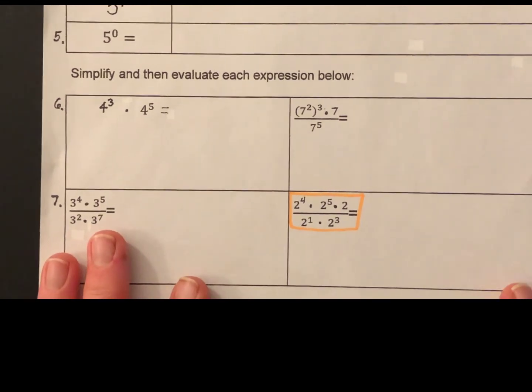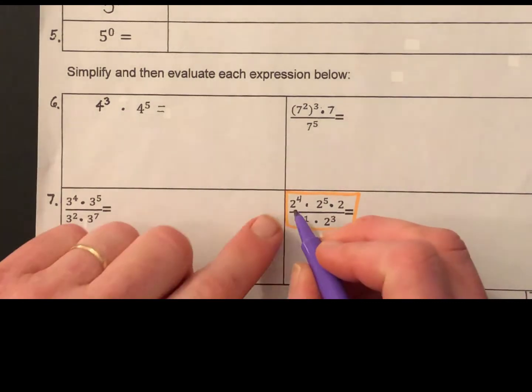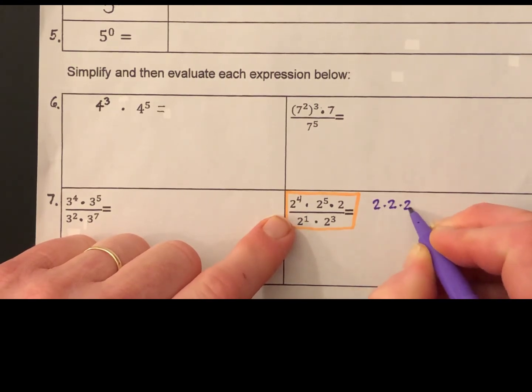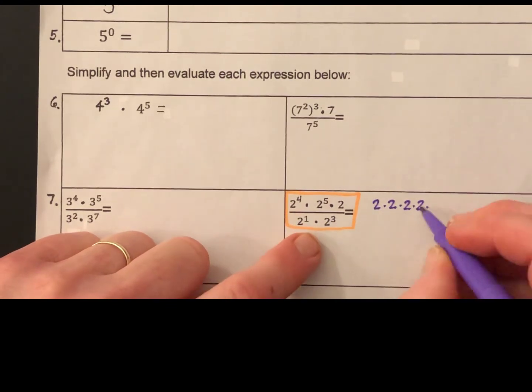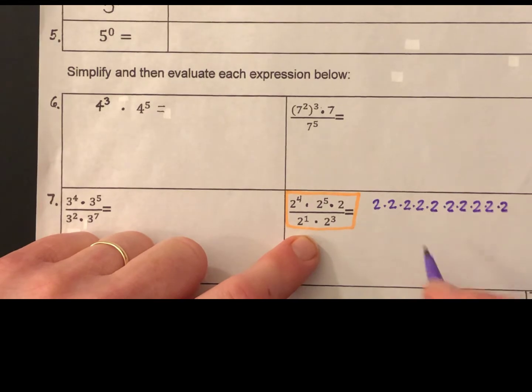I will do this one with you, and then you're on your own, but I think that you can do this one. So 2 to the 4th is 2 times 2 times 2 times 2. 2 to the 5th is 5 twos, times 2. Make sure I got that right.